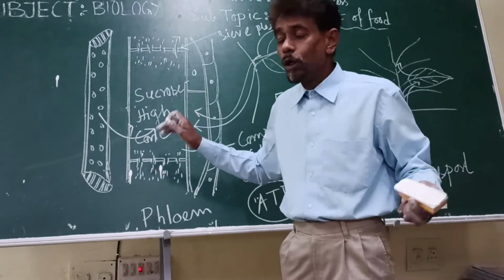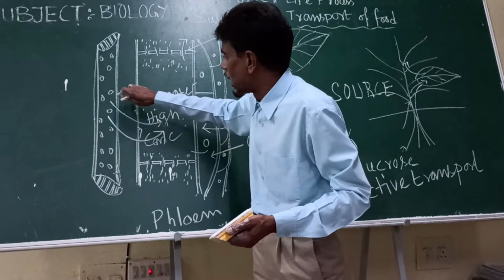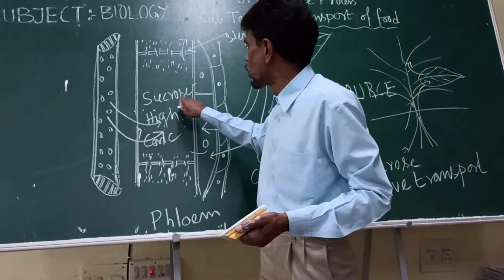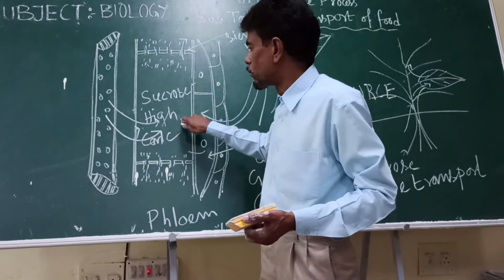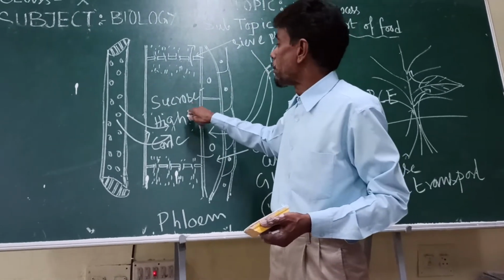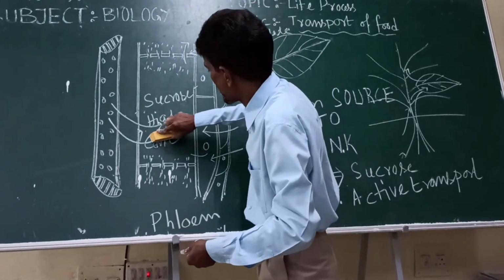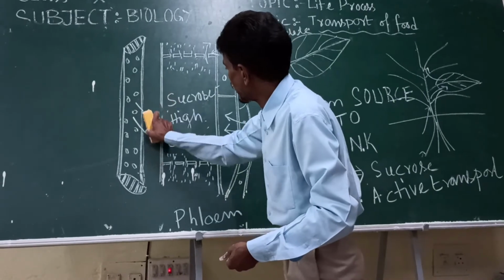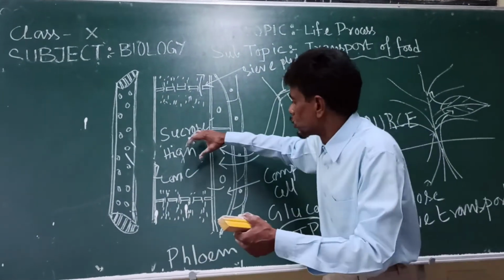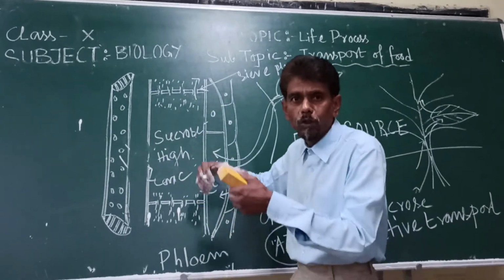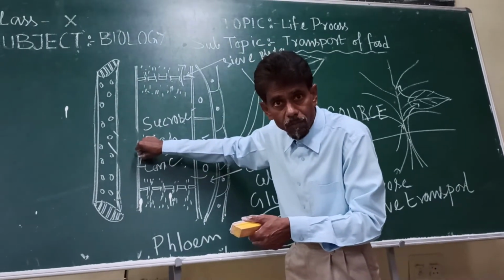Is that clear? So when the water is passively moving from the adjacent xylem vessel to the sieve tube where the concentration of sucrose is very high, after absorbing the water, the pressure is mounted. Because of absorption of water, the sucrose solution is now under high pressure.